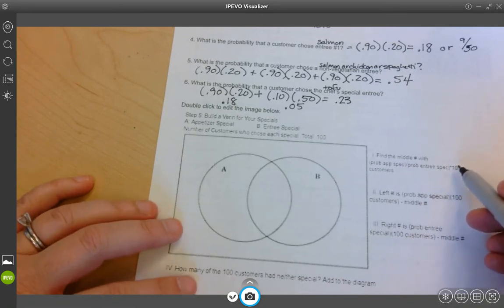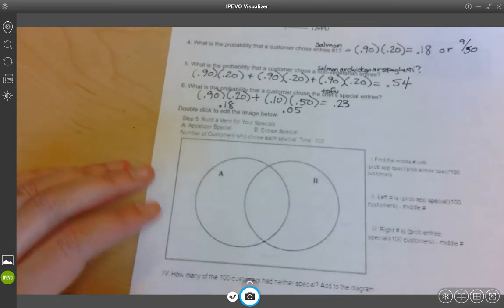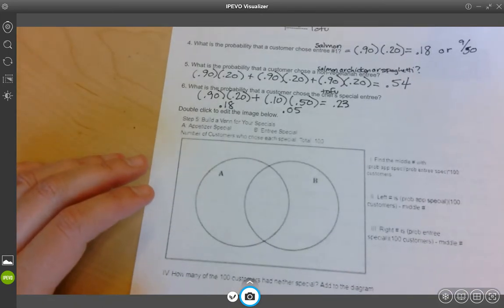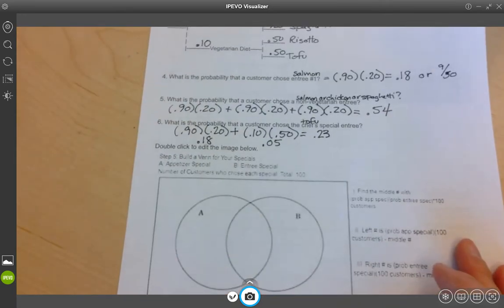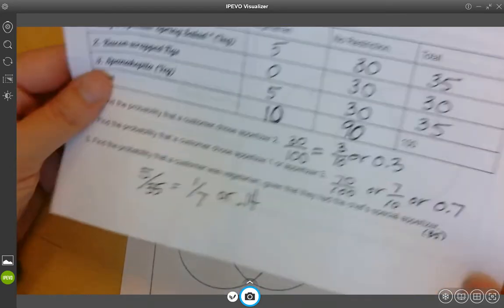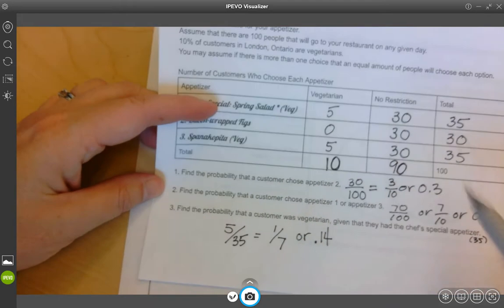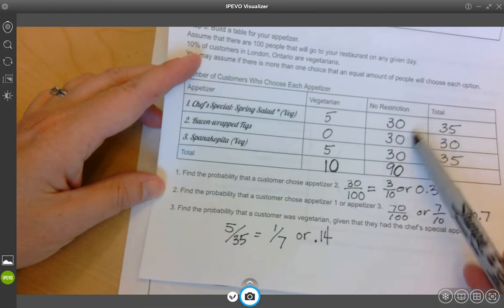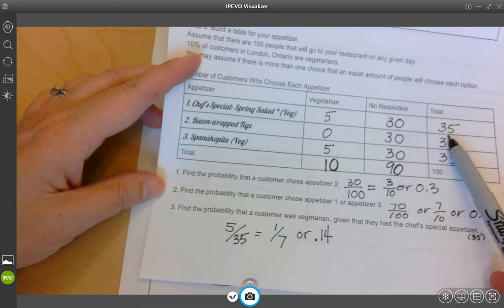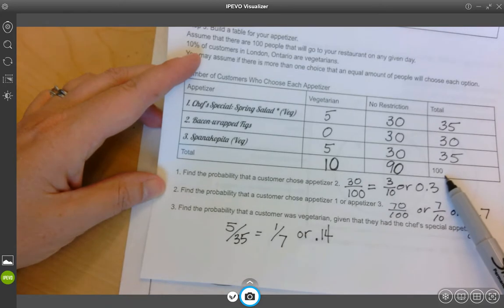So remember that when you want to find the probability that two things happen, you have to multiply their probabilities together. So going back to the front, sorry, I got on this page. The probability that somebody got the special, all right, is 35 people out of how many altogether? 100.